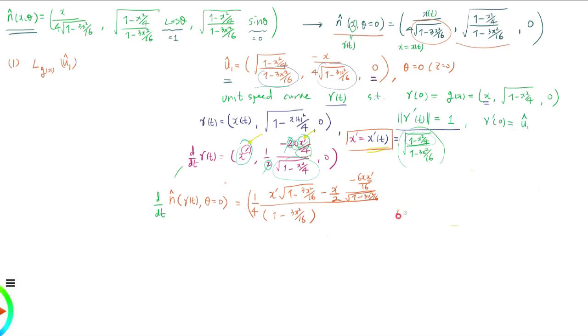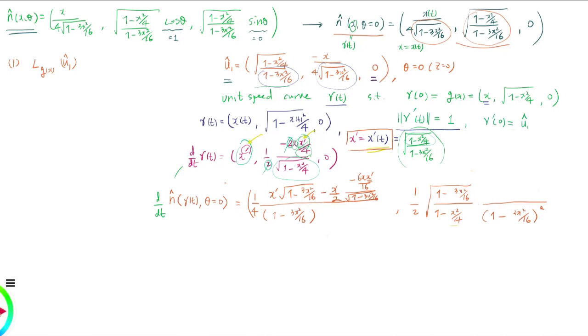And then for the second coordinate, we'll have 1/2 times, it's a negative 1/2 power, so I'm going to take an inverse. So square root of 1 minus 3x squared over 16 over 1 minus x squared over 4, and we take a derivative inside of this square root by using the fractional derivative.